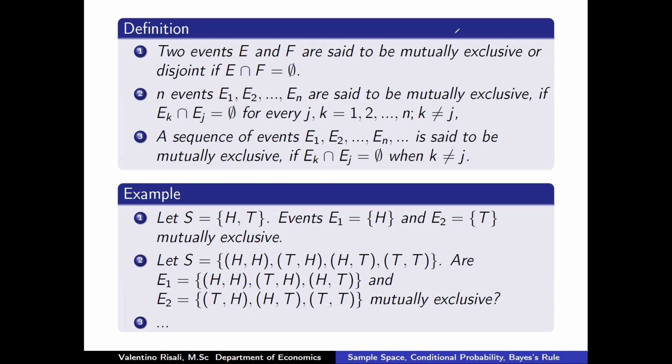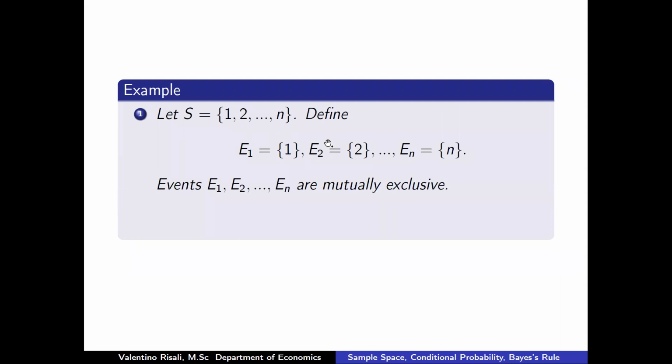And let's discuss the n events. In this case, we have this set S from 1 until n, and then we define E1 to be a set that contains only one element, that is 1. E2 contains 2, until En consists of n.